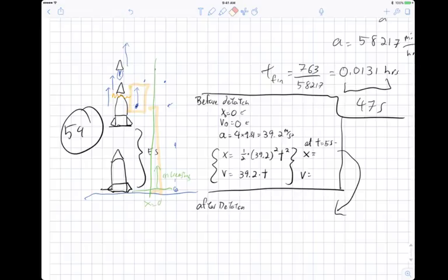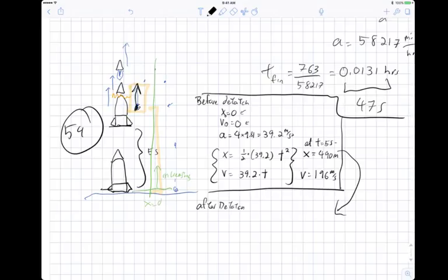Should be that. Alright. Mistakes were made. 39.2 times 5 times 5 divided by 2. That's 490 meters. And 39.2 times 5, that's 196 meters per second. So now we know how fast it's traveling at this moment.